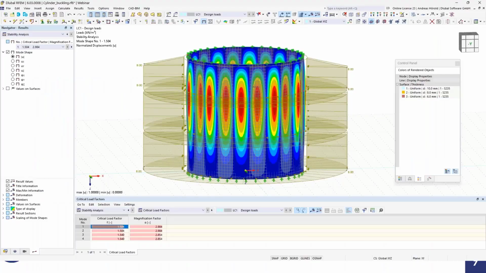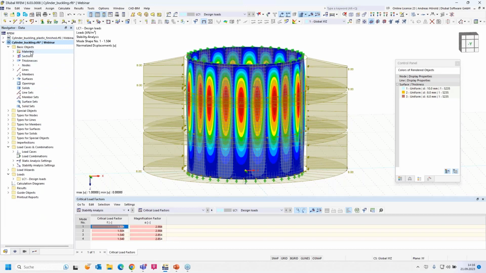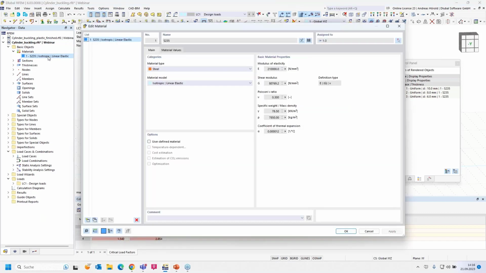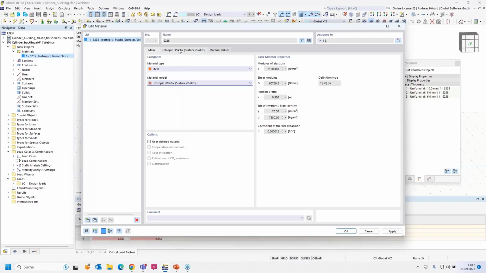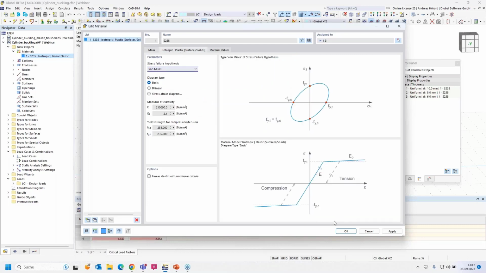Okay, so then we change the material. I double click on it, and it's steel S235, and we switch it from isotropic linear elastic to isotropic plastic for surfaces and solids. So that's the model.